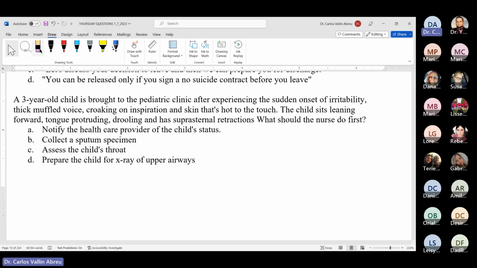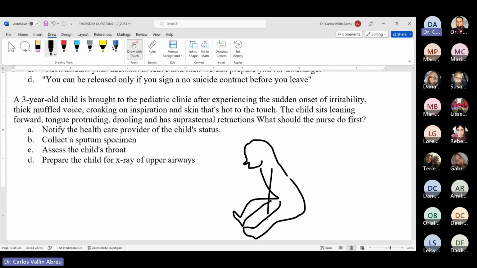When they describe that, guys, you have only one option, okay? Epiglottitis. It is a child that is sitting in the tripod position, drooling, with the tongue protruding, and with a stridor, etc. It is epiglottitis.